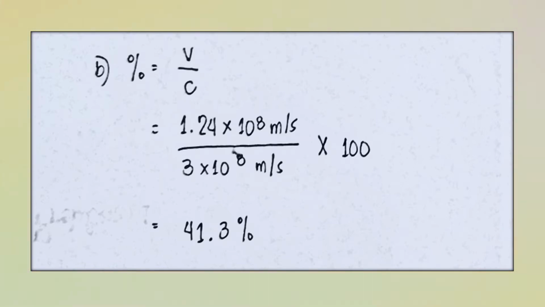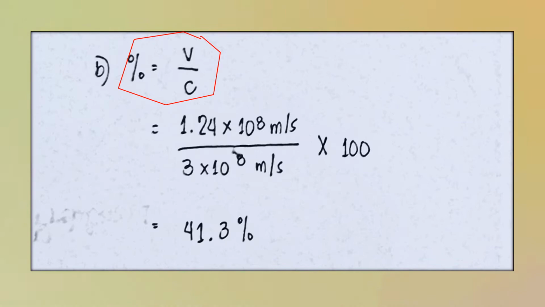Now, in order for us to get the percent of this in the speed of light in vacuum, we have to divide v over c. So we have percent is equal to v over c. So the value of v is 1.24 times 10 raised to 8 meters per second divided by 3 times 10 raised to 8 meters per second.